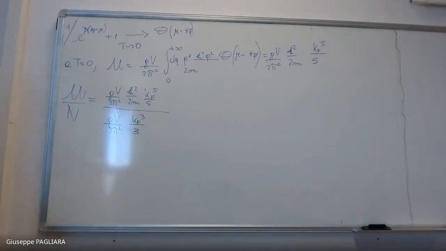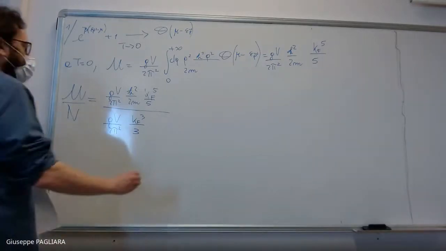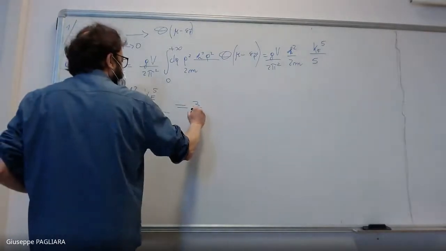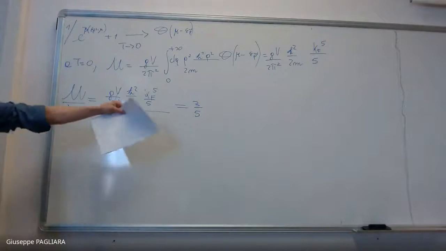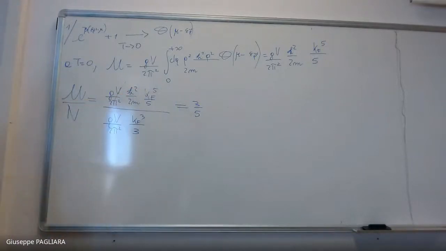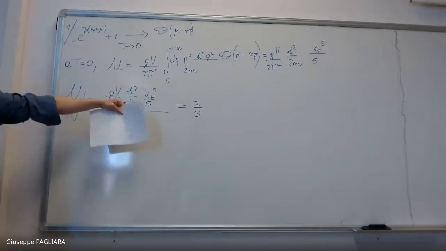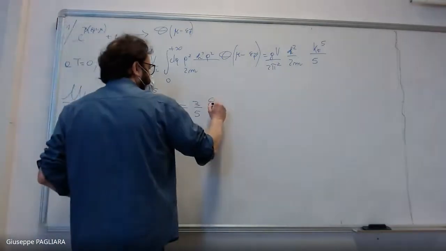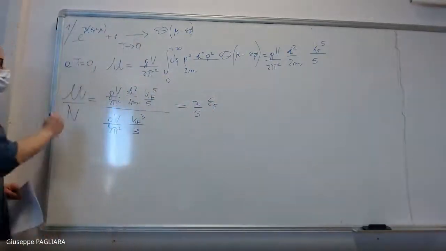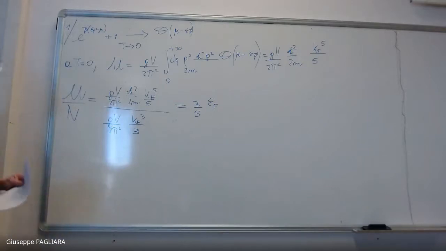So now I have the usual 3 divided by 5, because this drops. I have a Fermi momentum to the power of 2, which becomes a Fermi energy, times 1 over 2m, and this becomes 3 divided by 5 the Fermi energy. Okay, this is the energy per particle.